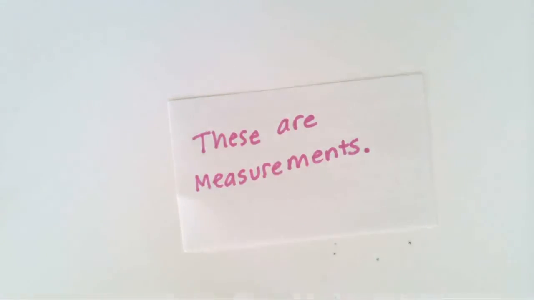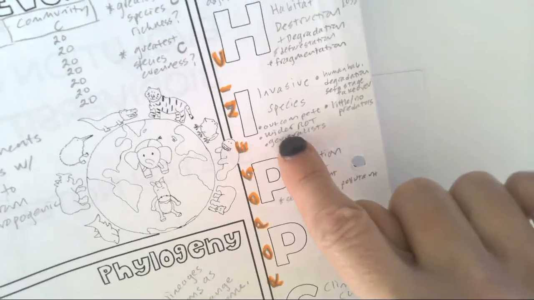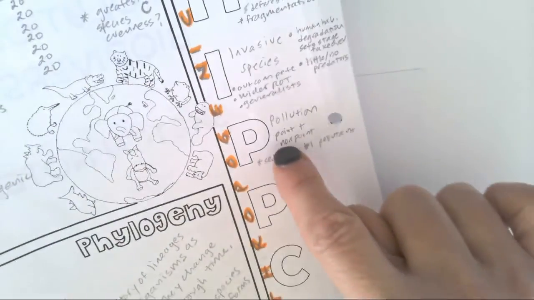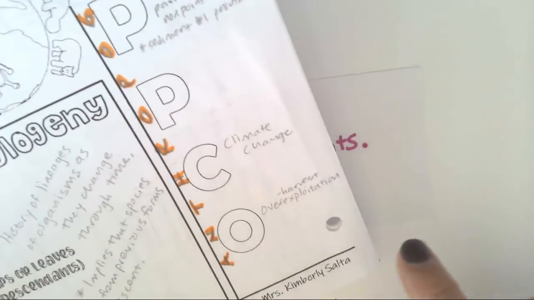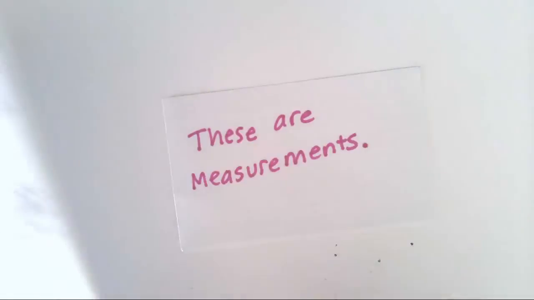This is a way to quantify biodiversity, and using that data to help figure out the impact of anything. Impact could be from habitat destruction, invasive species, pollution, climate change, or over exploitation or over harvesting. So all of these measurements can be used in many different ways. Okay, and that's it.